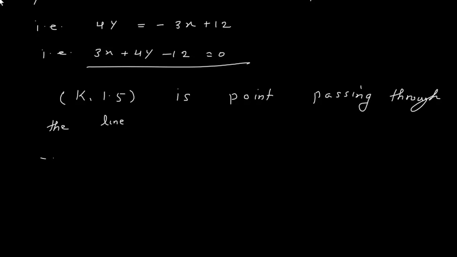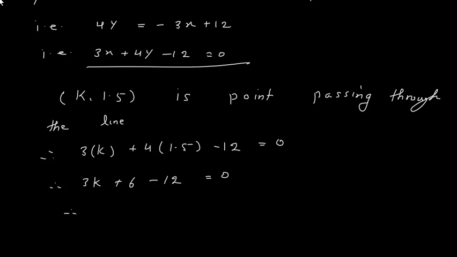Therefore, in place of x I will put k, plus 4 into, in place of y I will put 1.5, minus 12 equals 0. So here I will get 3k, and 4 into 1.5 is 6, minus 12 is 0.